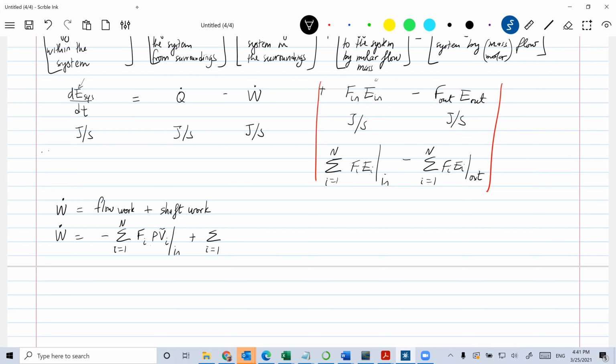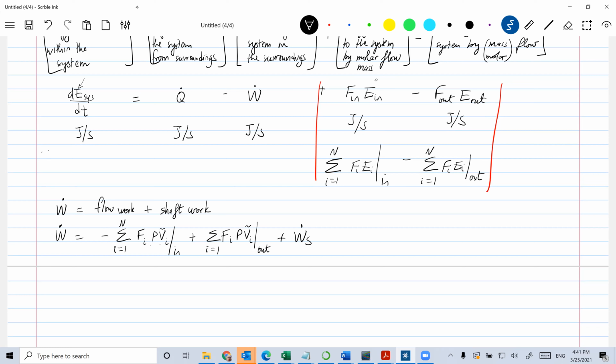So this is pressure times molar specific volume. I think it's just cubic meter per mole. That's the molar volume. And this is the same thing out. Okay, and then plus shaft work.